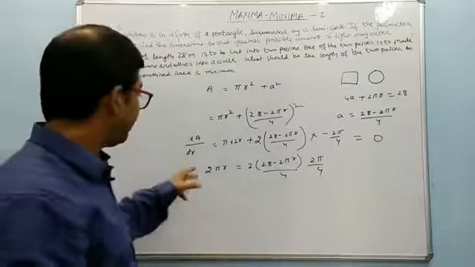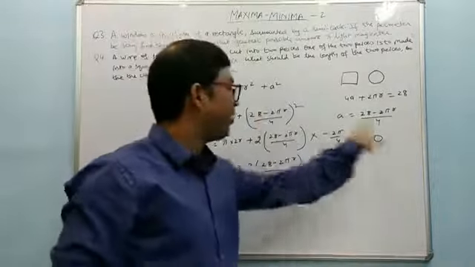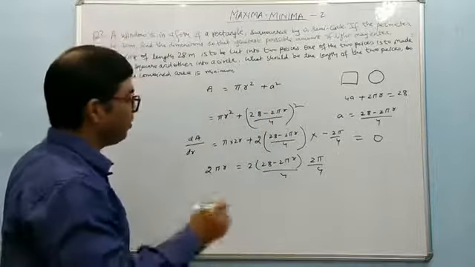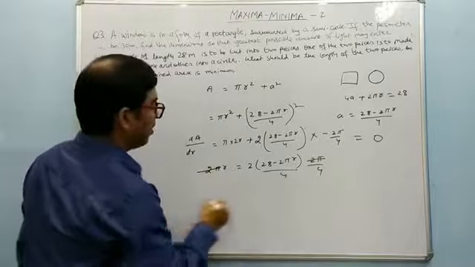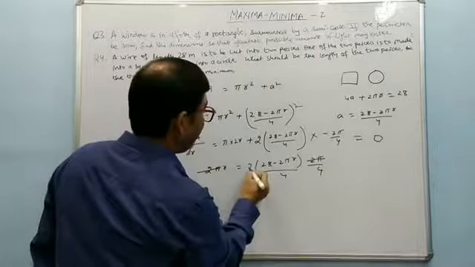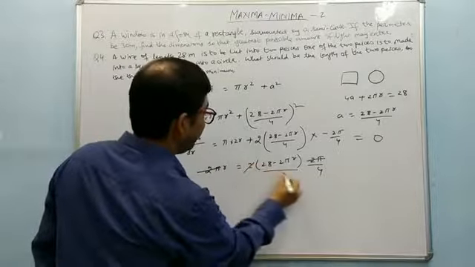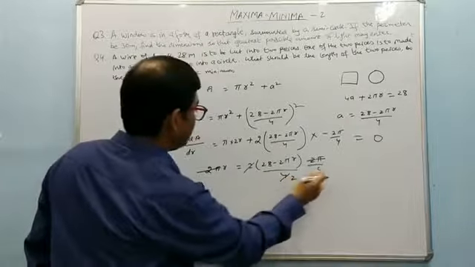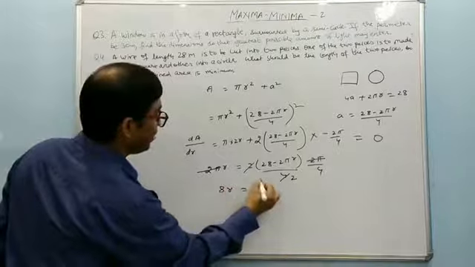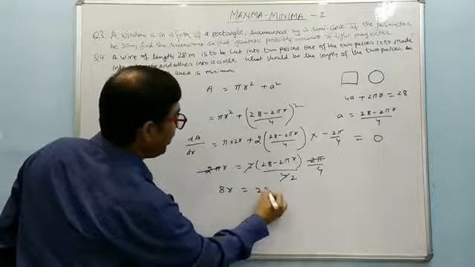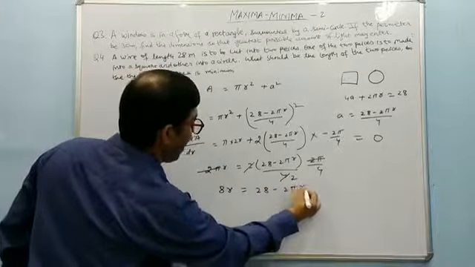I just separated the things. This negative term I have taken to that side, and now simplification is giving us this: 2 pi is getting cancelled. So what it is coming out to be, if we cancel here, this is 2, so 8 is there. So what is that? 8r is equal to 28 minus 2 pi r.